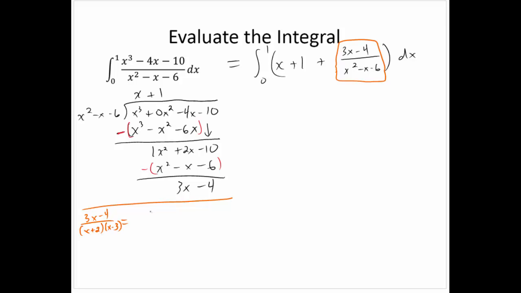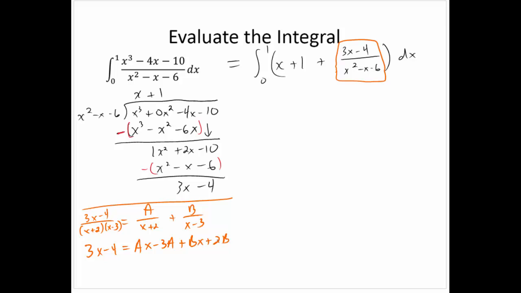So then I can write this as a over x plus 2 plus b over x minus 3. Multiplying through by the denominators gives 3x minus 4 is equal to ax minus 3a plus bx plus 2b.